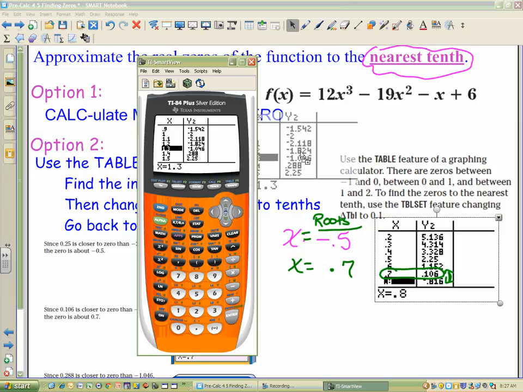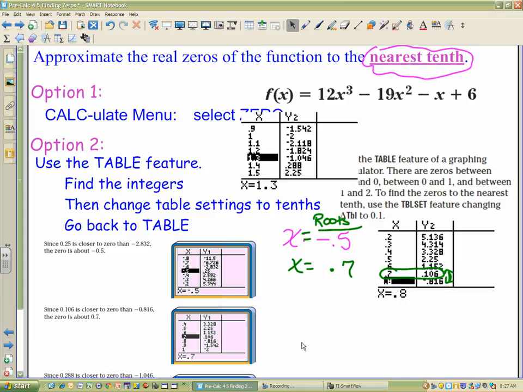If I pull this off, we can analyze it a little closer, and right here we get that sign change. Now you have to decide which is closer to 0, 0.28 or -1.04. Well, this would be closer to 0, so my other zero is x equals 1.4.